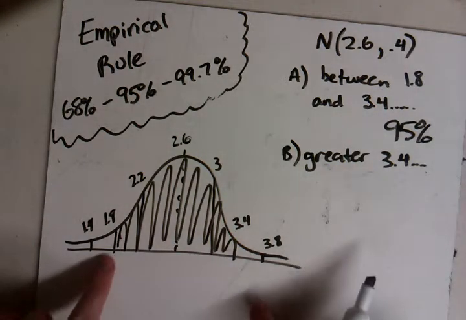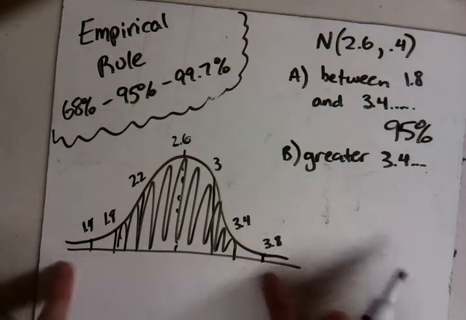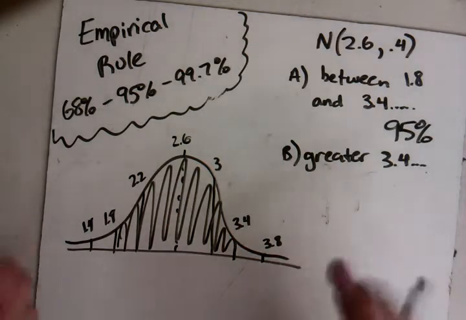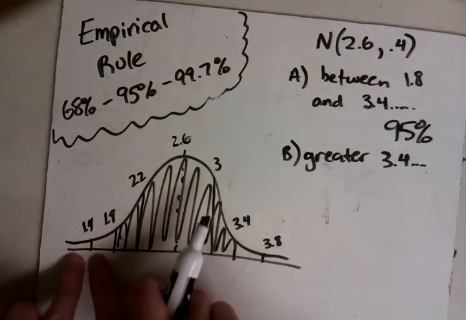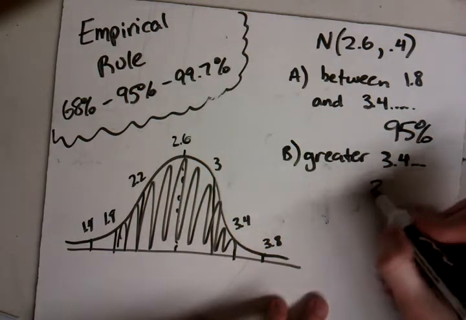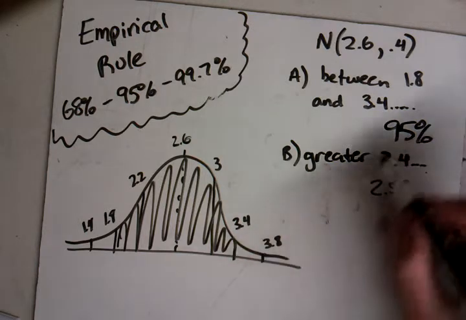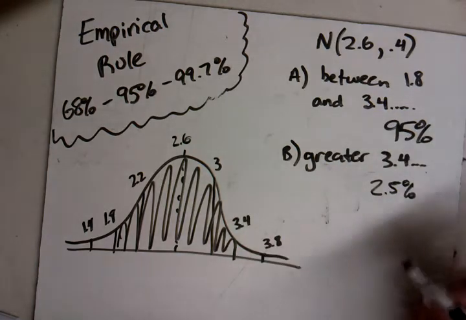So we've got this part here plus this part here, that'd be 5%. But this is symmetric. So if I cut it in half, this right here is 2.5%, and this right here is 2.5%. So therefore, 2.5% of the population would fall in this section here that would be greater than 3.4.